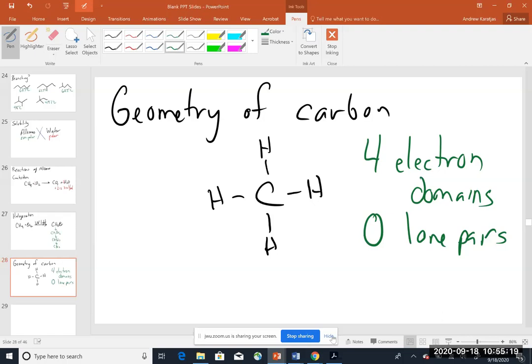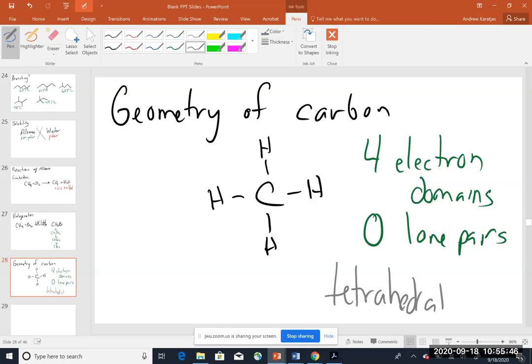So when we're in that situation, what is the geometry of a molecule like that? This is what we refer to as tetrahedral. Now, what does tetrahedral look like?